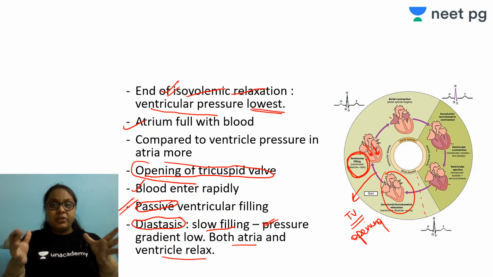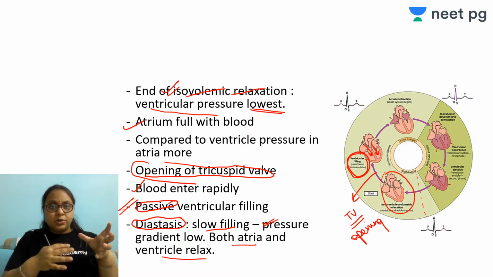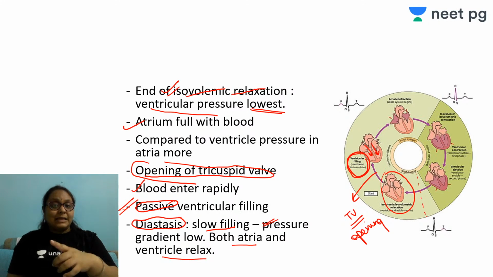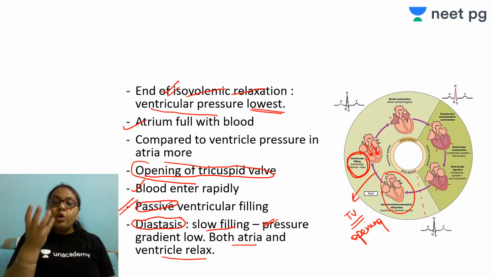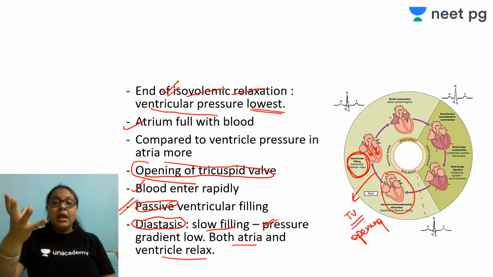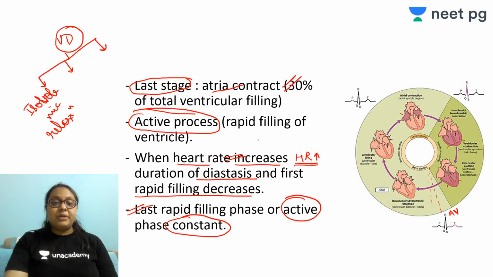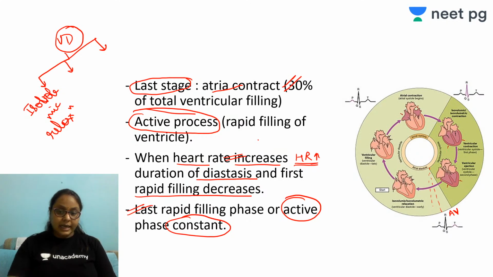And as the AV valve opens, the rapid filling phase will happen, the rapid filling phase of the ventricle, and that is passive. Then there will be the slow filling phase, that is diastasis, and after that the little blood remaining in the atria will be given to the ventricle by contraction. That is the second rapid filling phase, the last phase, and that is the active process. Dr. Sejal, is it clear? Any doubts now?